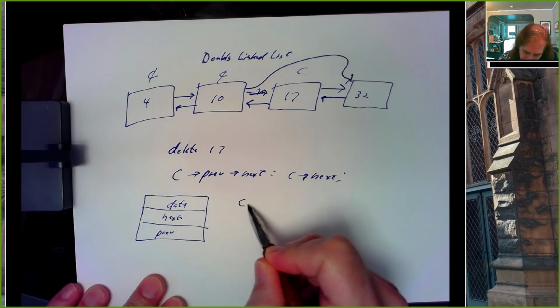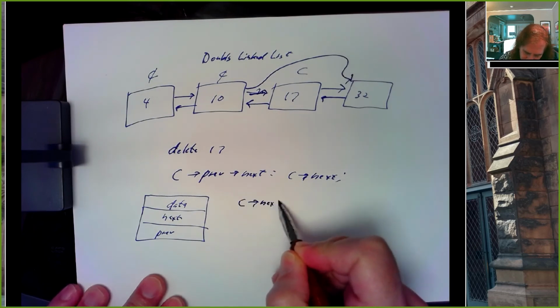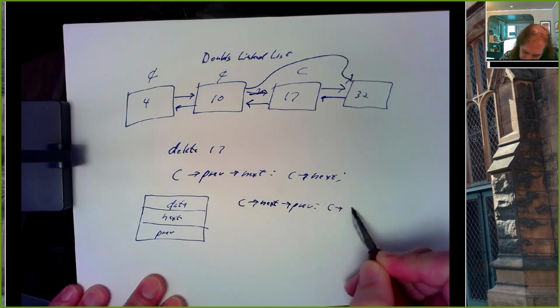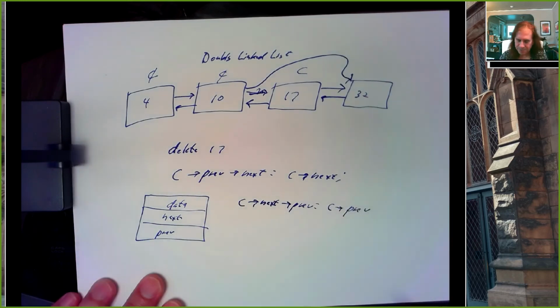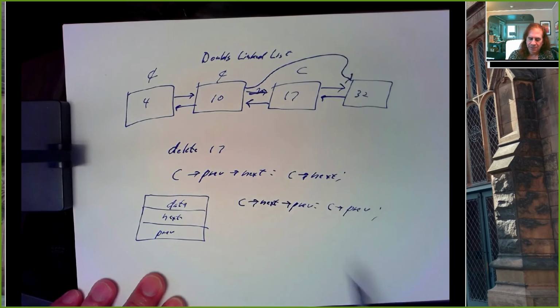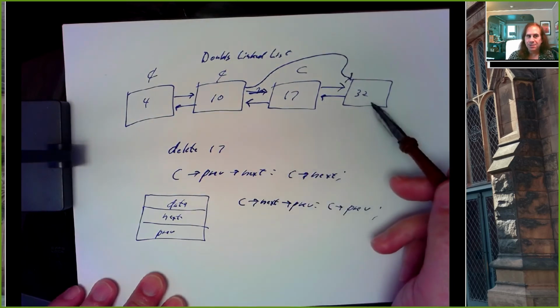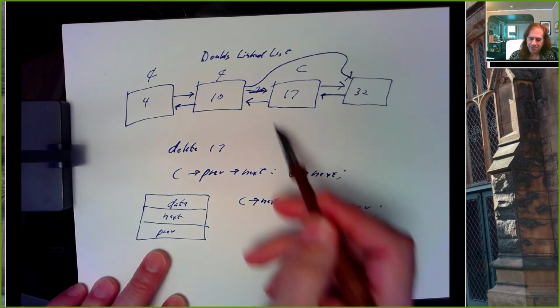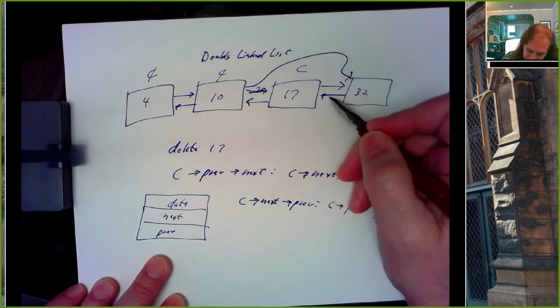And then you need to change the back pointer on the next node. So you'd say current next previous equals current previous. So take the current node, follow it to the next node, take its previous field, which is this, set that equal to whatever the current node's previous is.